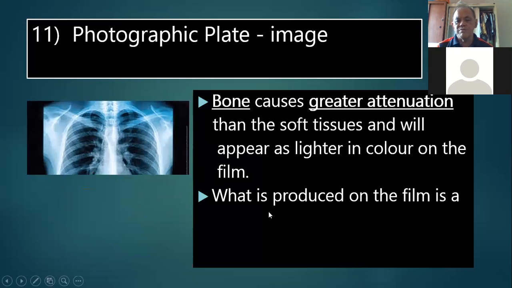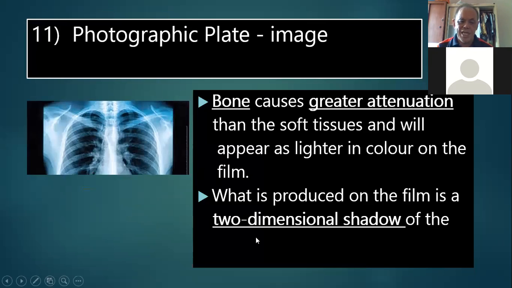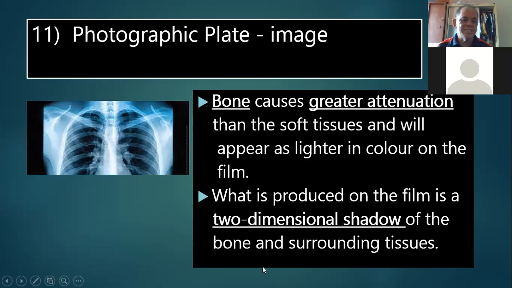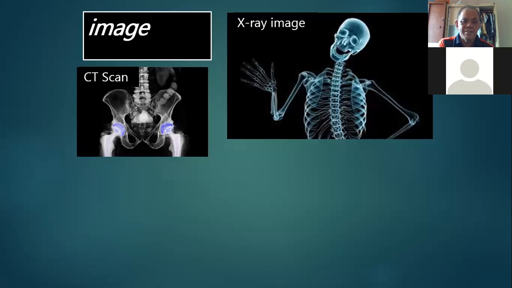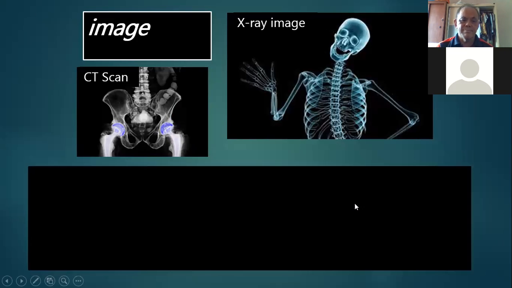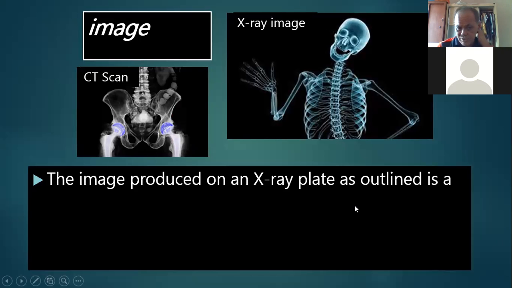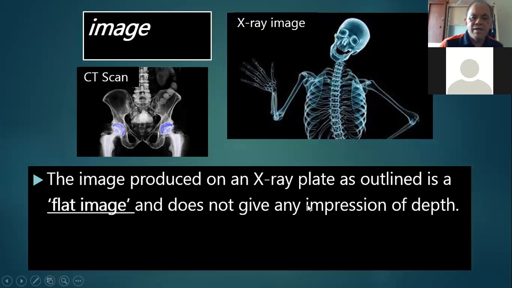What is produced on the film is a two-dimensional shadow of the bone and the surrounding tissue. It doesn't tell you the distance, it's just a shadow, two dimensions. There's a CT scan. There's your X-ray film. The image produced on the X-ray plate as outlined is a flat image.